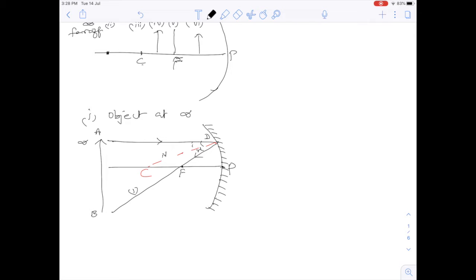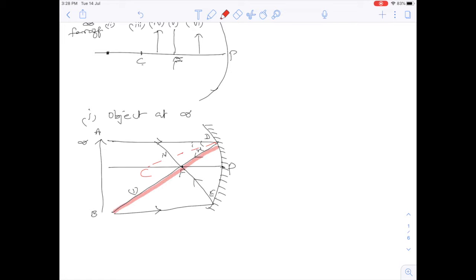Now, if I consider another light ray coming from far off, that also once again gets reflected and passes through F. So this is the point E. This is the incident light. So now these two are the reflected lights.